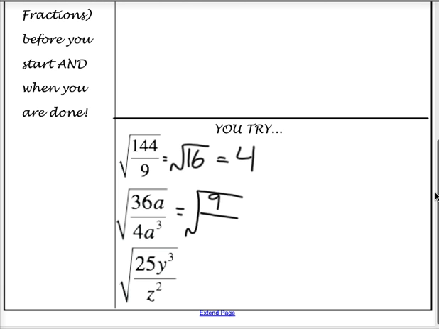Now, the exponent of negative 2, recall, means that I need to put it on the bottom, because there it will be a positive exponent. And now that I've reduced my fraction, I can take the square root of both pieces. So square root of 9 gives me 3. Square root of a squared will just give me back my a.